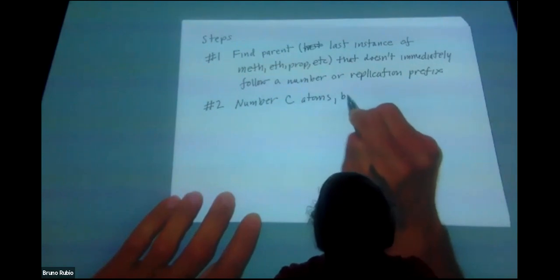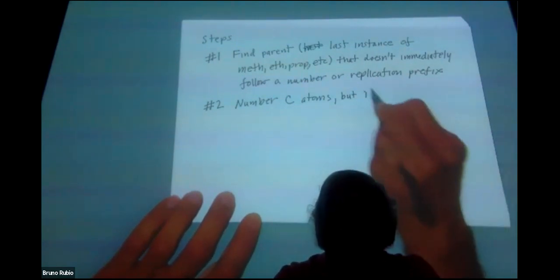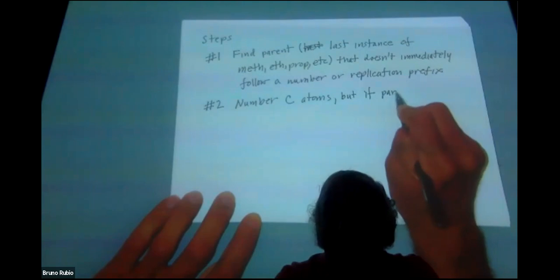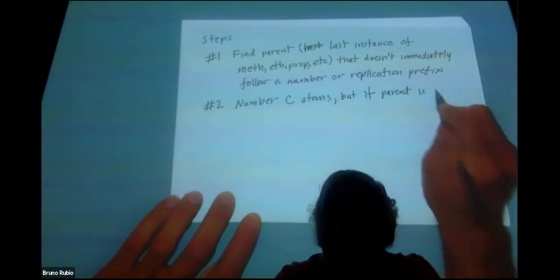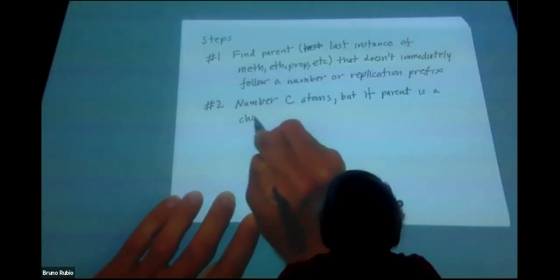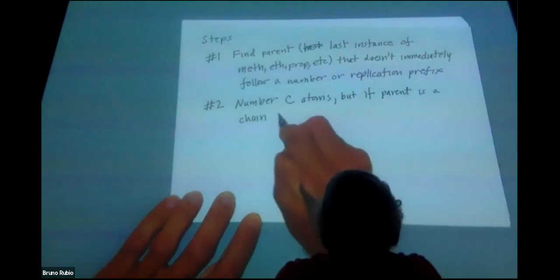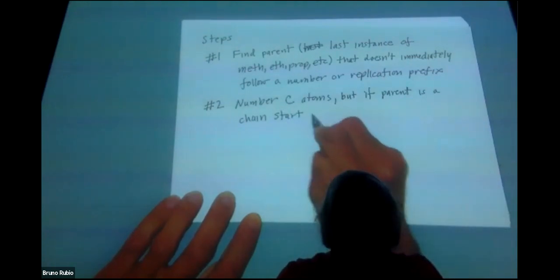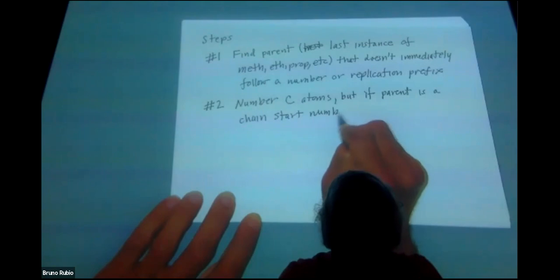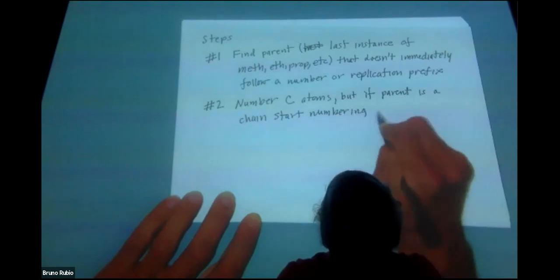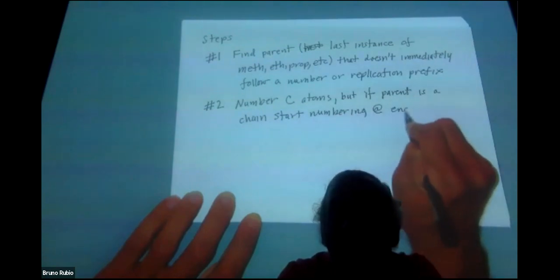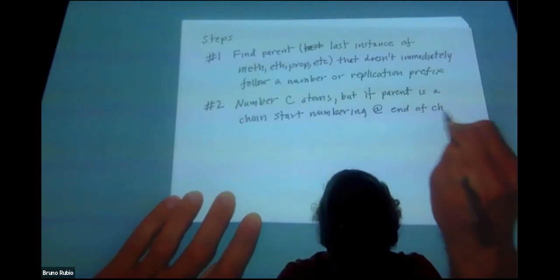But if the parent is a chain, start numbering at the end of the chain.